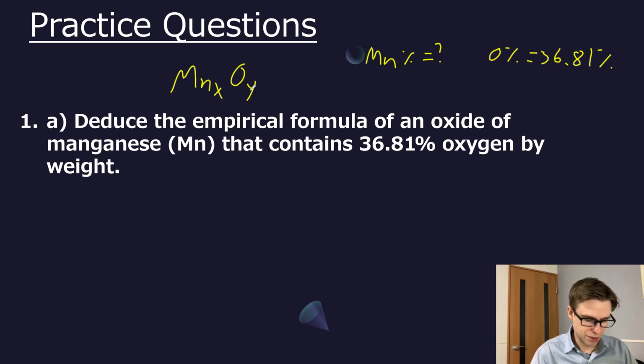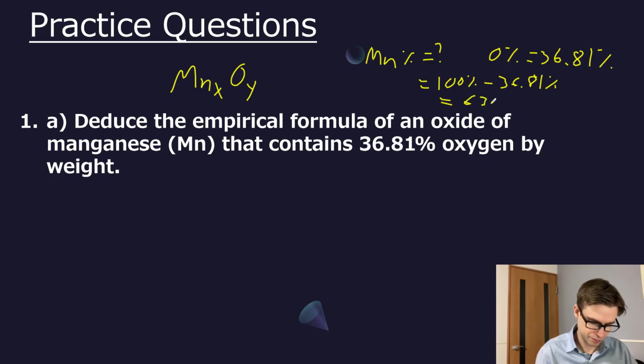So it must be true that the manganese percent is 100% minus 36.81%. Okay, and that ends up being 63.19% manganese. All right. So with that, you can do the whole empirical formula steps.